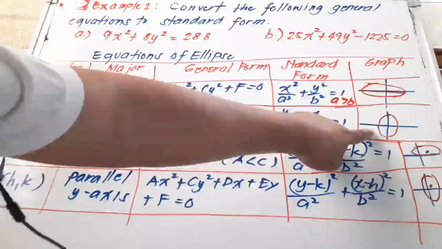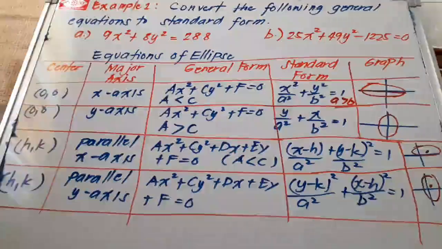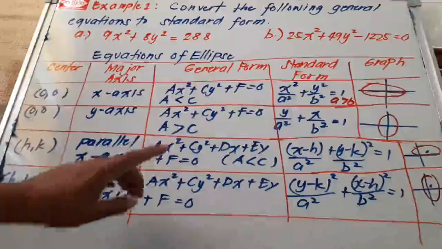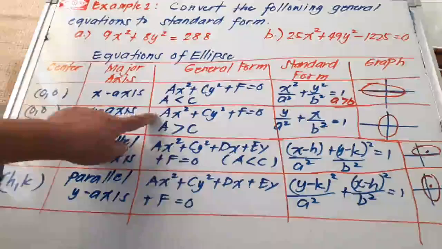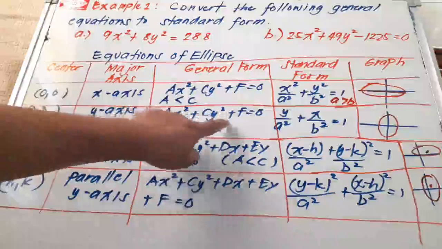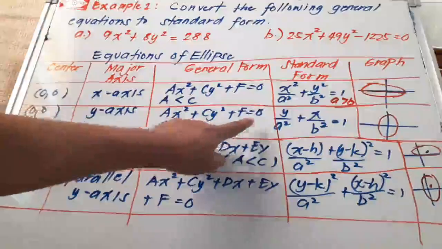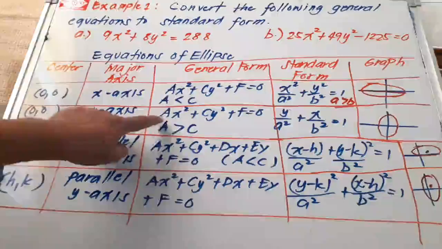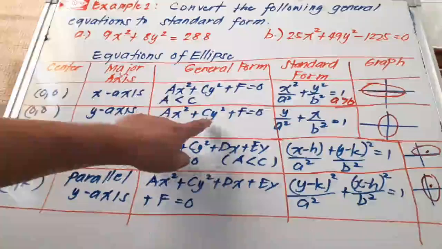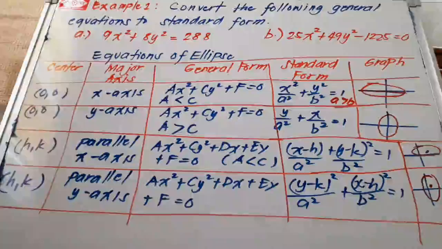And the equivalent equations of this ellipse are, for the general form, ax squared plus cy squared plus f equals 0. But this time, the coefficient of x squared is larger than the coefficient of y squared.